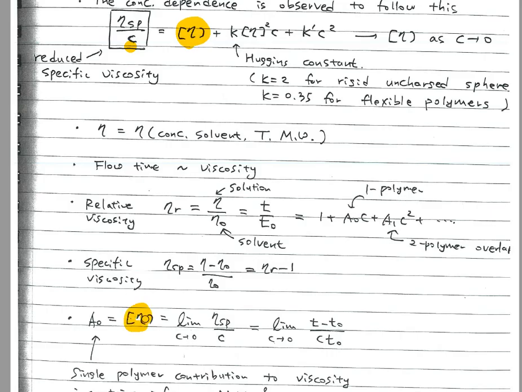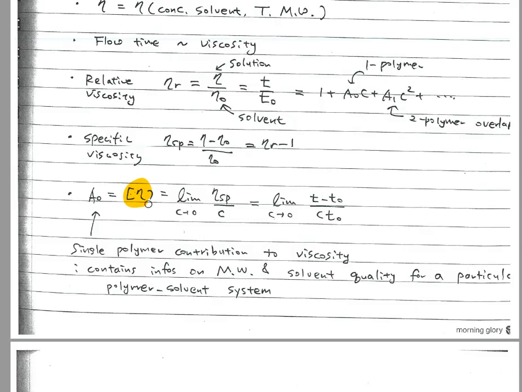This value is actually the limit of the reduced specific viscosity as concentration approaches 0, and that value is the single polymer contribution to viscosity. How much one polymer contributes to the overall viscosity of the polymer solution, and that information basically depends on the viscosity average molecular weight.